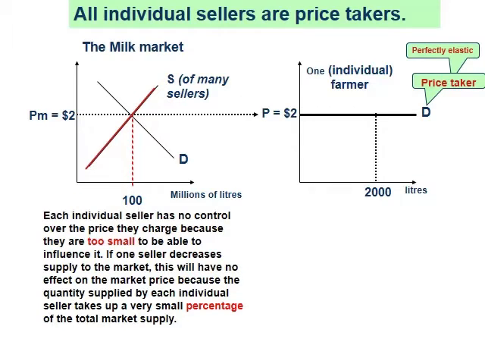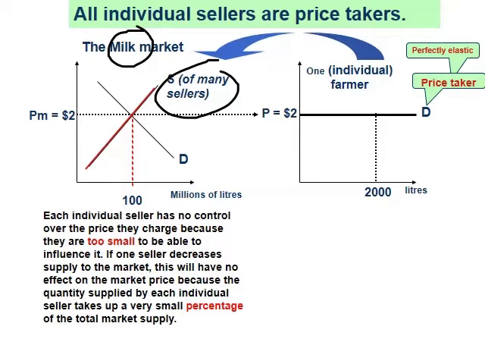Let's look more closely at the price taker concept. Remember, just like in the international trade model, New Zealand producers were just one of many, many sellers in the world market. So if we're talking about the milk market, even if it's in New Zealand, one individual dairy farmer is one of many, many small sellers in that market.